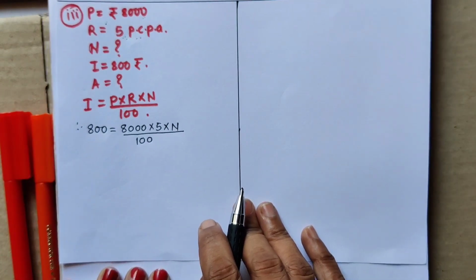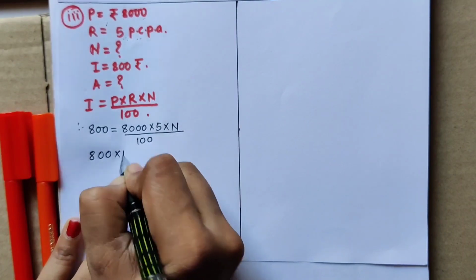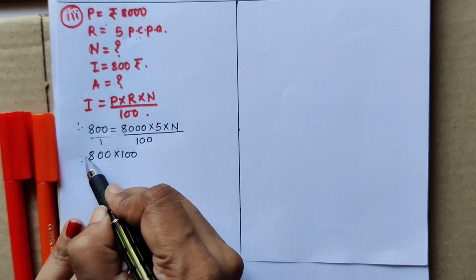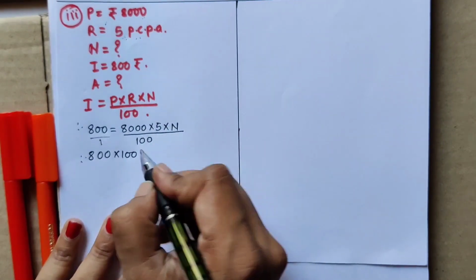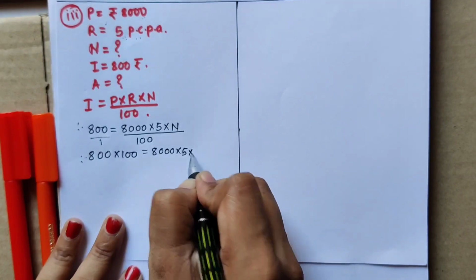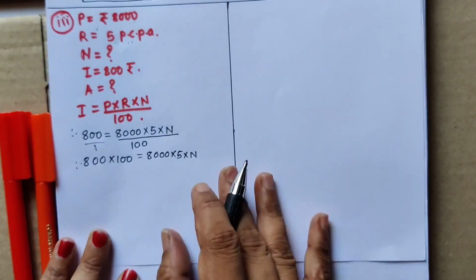Okay. Cross multiplication. 800 into 100. 800 into 100. Nothing is there means 1 is there. So 8,000 into 5 into n multiplied by 1. So I write 8,000 into 5 into n. Multiplied by 1, we don't require to write.